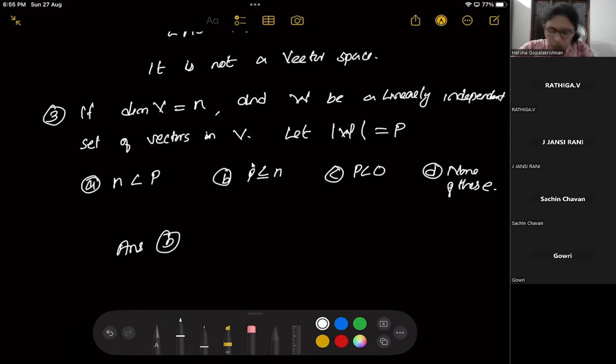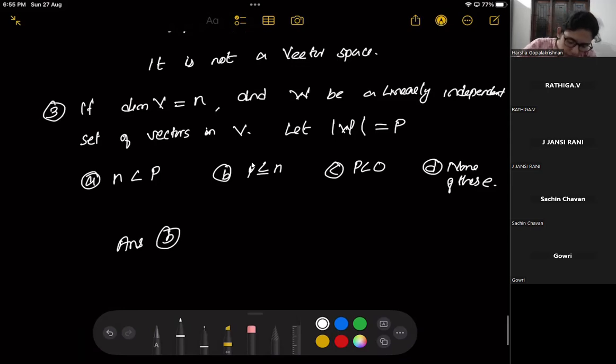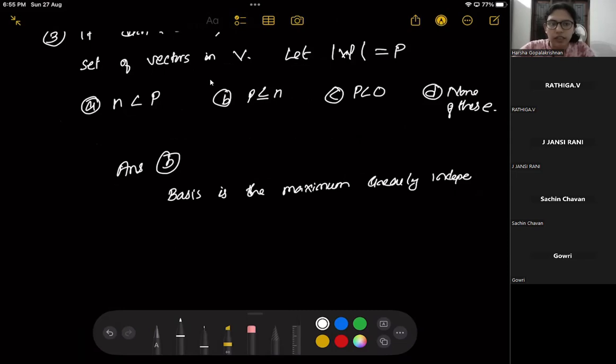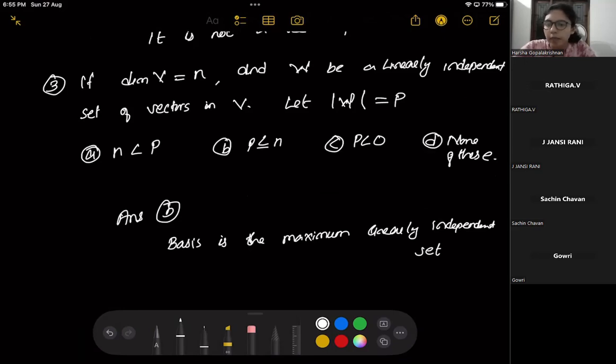So P will be less than or equal to n. The very explicit proof of this is given in the lectures, you can go and check, so there is no need of more explanation. Is this fine for everyone? Any doubt in this question?